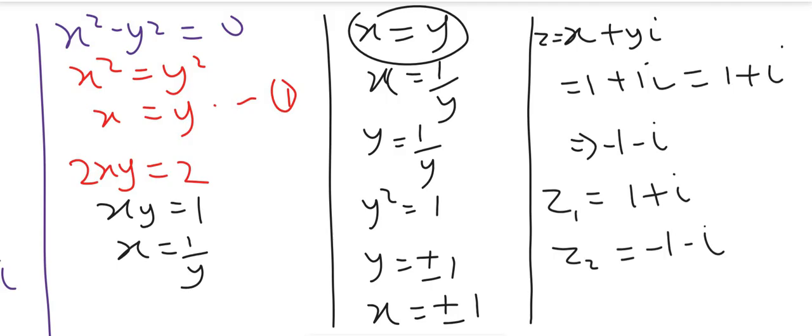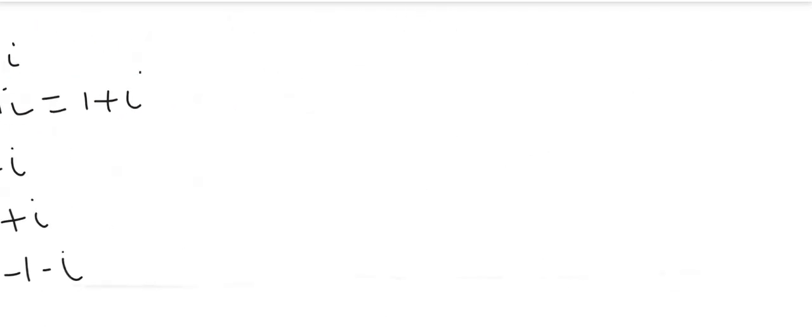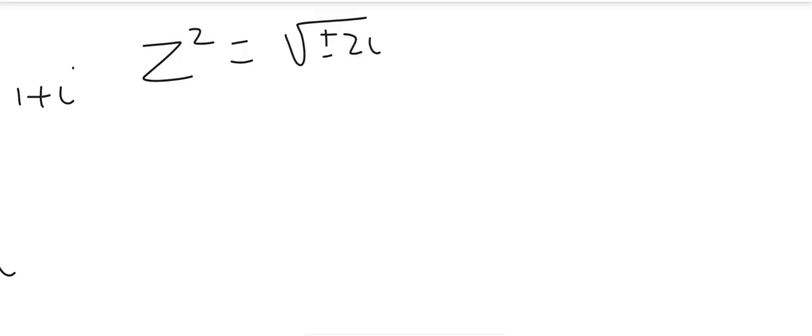So don't forget that we said from the beginning, z squared is equal to the square root of plus or minus 2i. So I have done the part of z squared is equal to the square root of 2i to get two values of z.